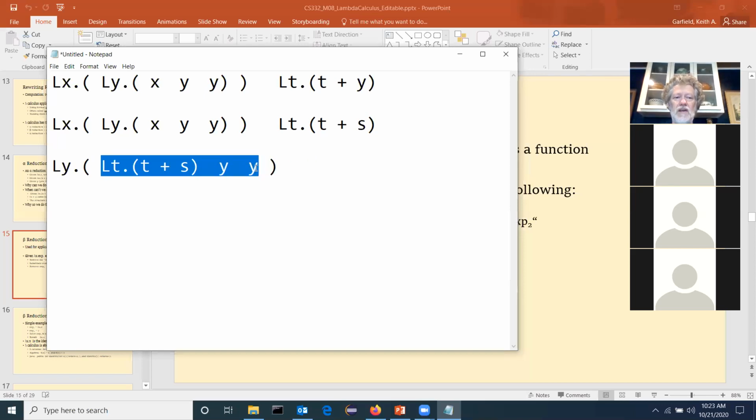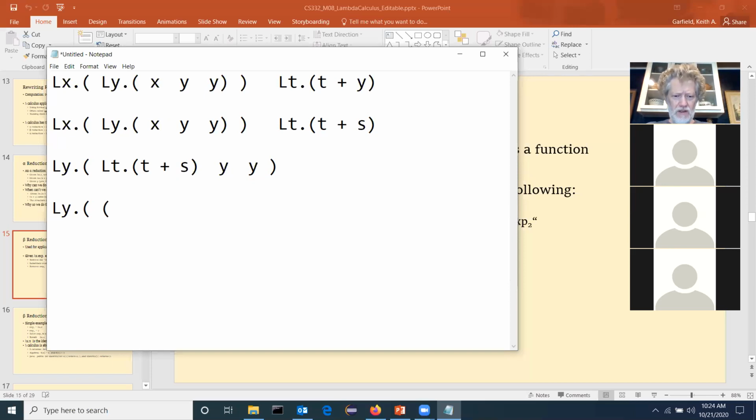Can that be resolved at all? Substitute the T. Yeah, we can do the beta reduction here because we've got a function applied to an argument. And so we get λy dot, and then if I do this, it will be y plus s.